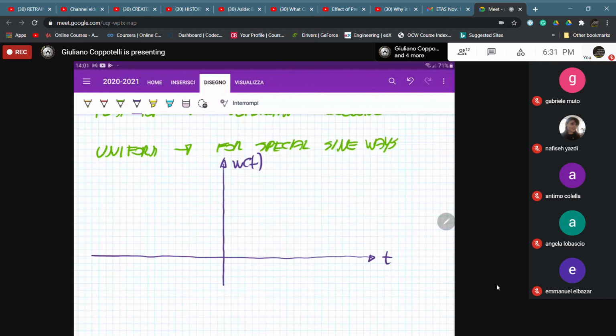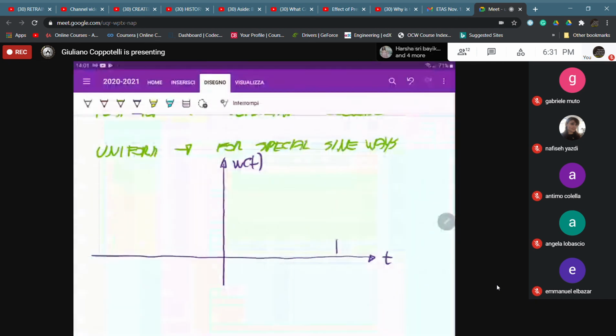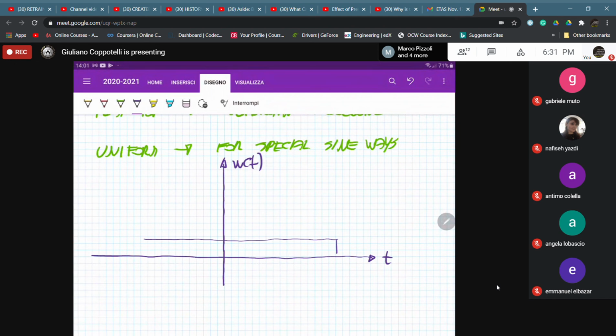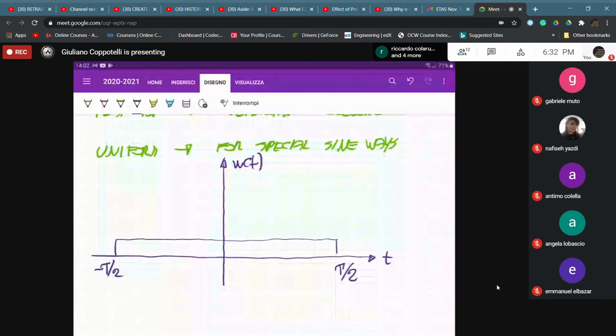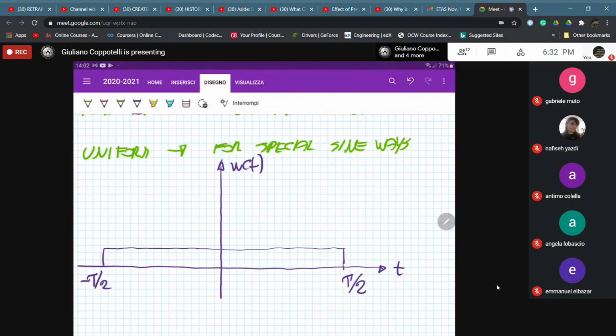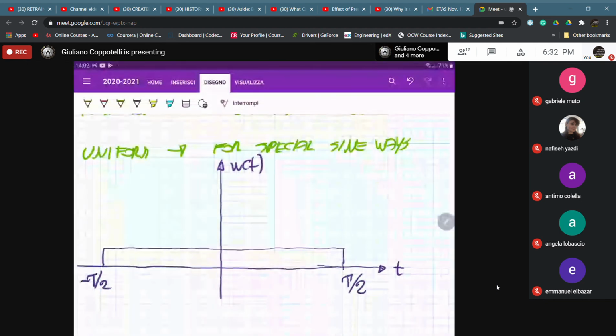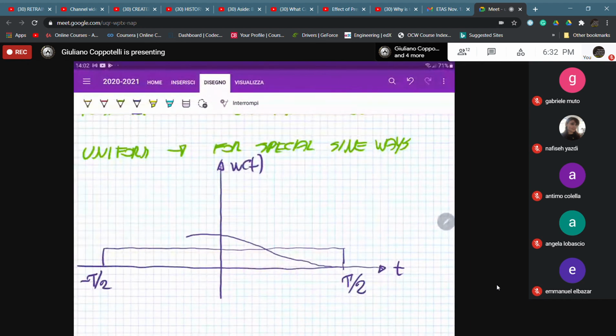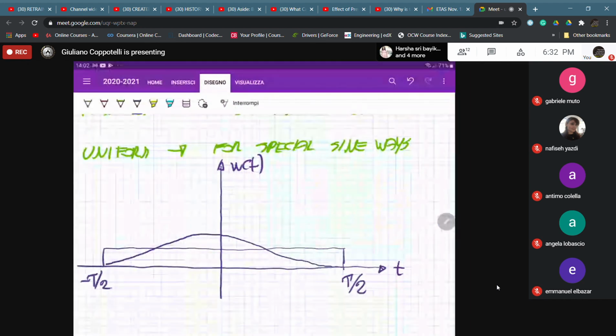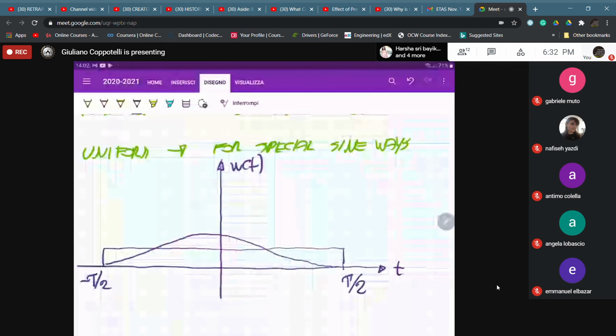The rectangular one is centered, from negative half T to half T. Then we have the Hanning function, something like this, symmetrical.